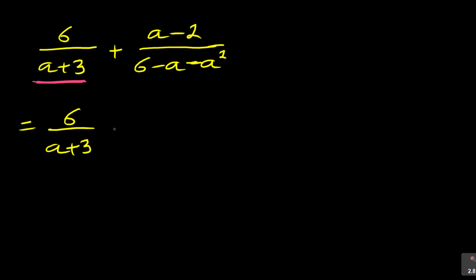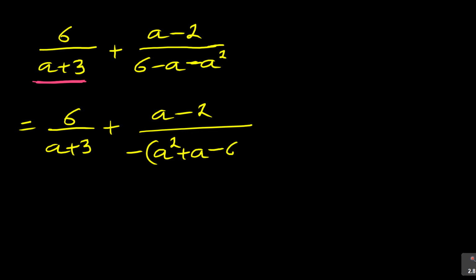And then they wanted you to do this, say plus a minus 2 over, they wanted you to take out a negative first, so that what you have is minus 6. But let me write it the right way. So this negative now becomes a squared, you see? And then negative a is plus a, positive 6 is minus 6. They wanted it to be like this.